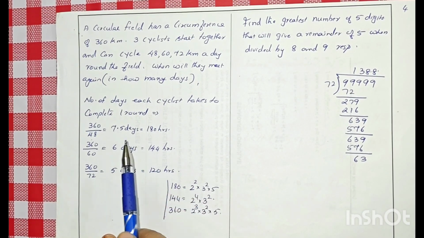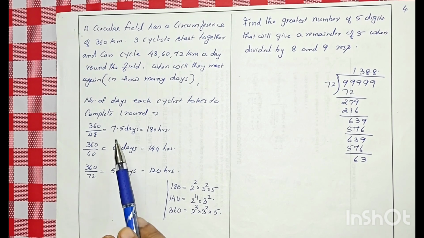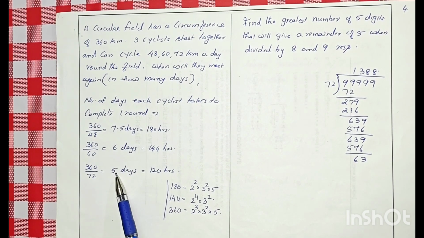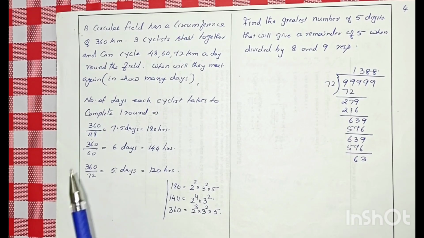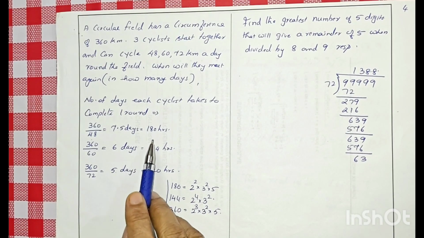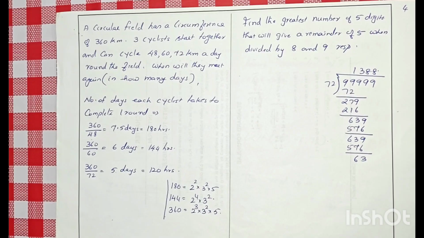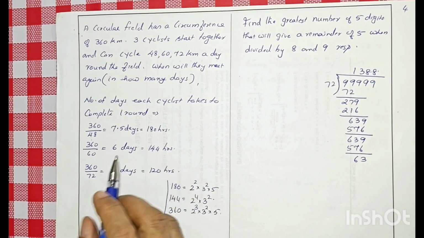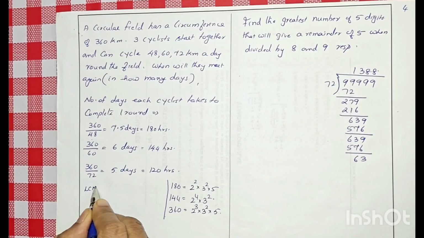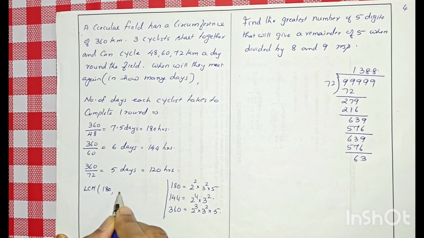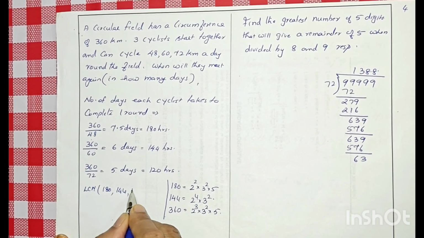Similarly, you find, so for all the three, we'll get 7.5, 6 and 5. Now if you take the LCM of this, this is in decimal, so we will convert it into hours, and then we will find the LCM. So LCM of 180, 144 and 120 you have to find.